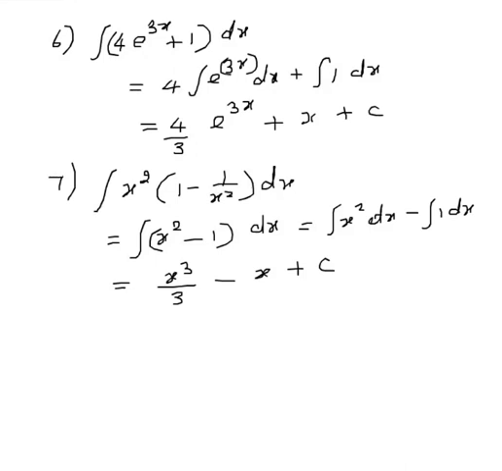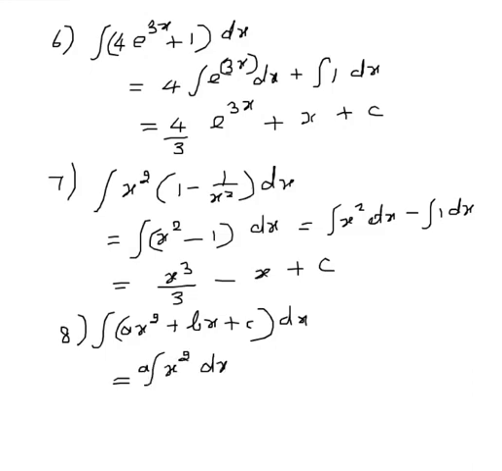Question 8. Integral ax square plus bx plus c times dx. Remember, if you write the integration sign, you have to write with respect to which variable we are integrating. Dx has to be written. Equal to, a is a constant, I can remove it outside the integral. So integral of x square dx. Again, b is a constant, it becomes x dx, and c is a constant, integral of 1 dx.